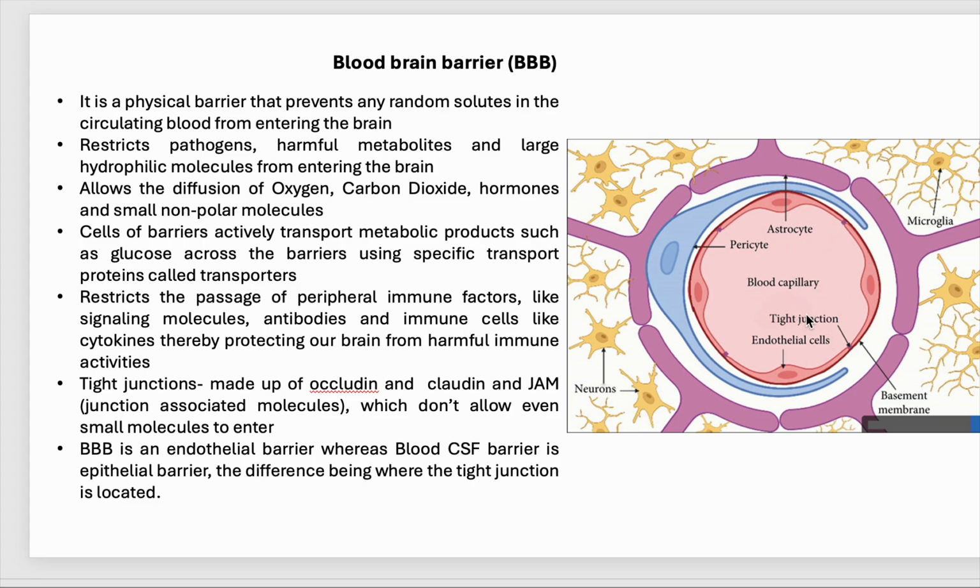Now, endothelial cells have these tight junctions here. These let molecules pass through selectively. They let very, very selective small drugs cross the blood brain barrier.